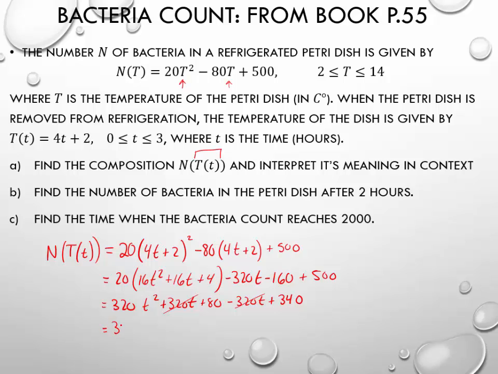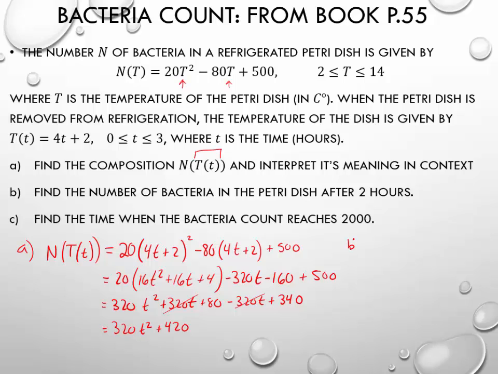And we end up getting 320t squared plus 420. So that would be the number of bacteria after a certain amount of time out of a petri dish. Is that good? That was A.